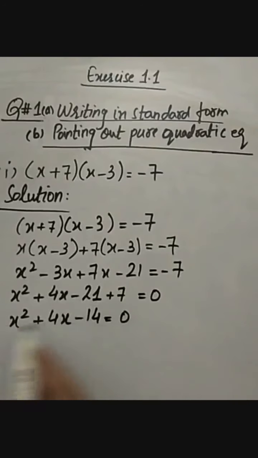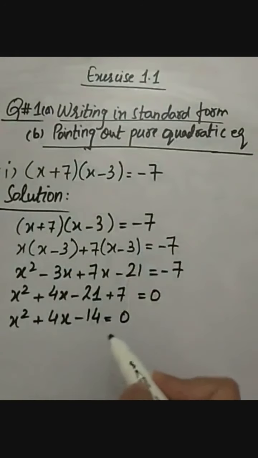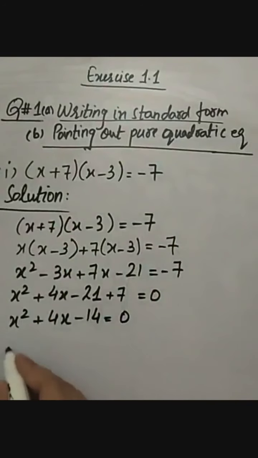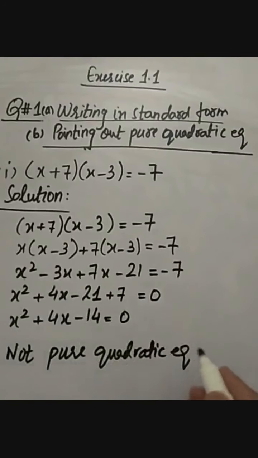It is now in standard form. So first step was writing in standard form. This is the standard form. Now we have to point out it is pure quadratic equation or not. It is not pure. So not pure quadratic equation. Clear? क्यों प्योर नहीं है?